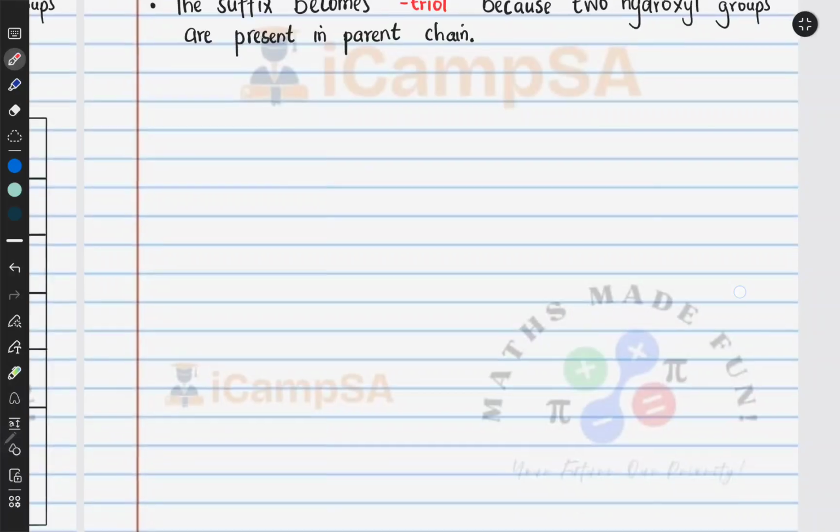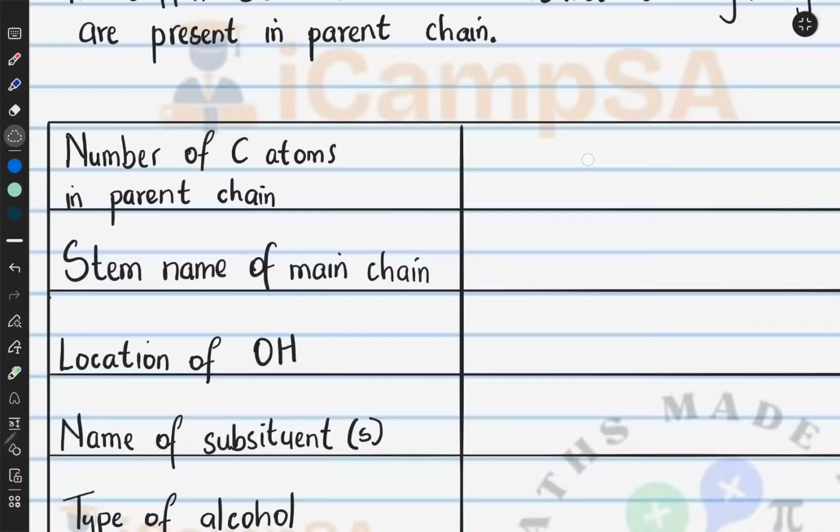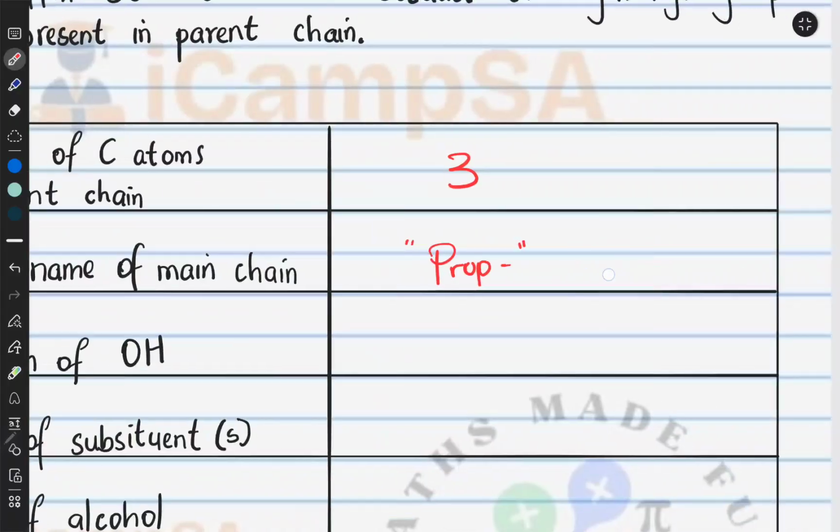Now let's bring our table here. All right, first things first, we have 3 carbon atoms in the main chain again. We can take that and put it here. We have 3, therefore this would be a propanol, or a prop. Let's leave it as prop. Right, that's the stem name of the main chain, right?